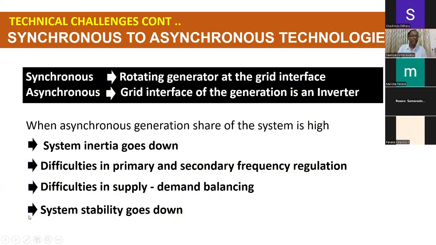Then there will be some difficulties in primary regulation, because primary regulation support is given by rotating generators, and difficulties in secondary regulation as well, and difficulties in supply demand balancing. And all these result in system stability going down. So that is one challenge.